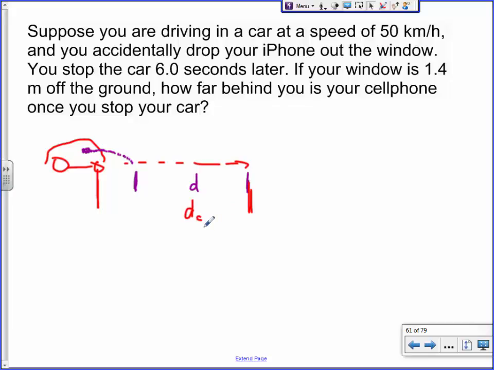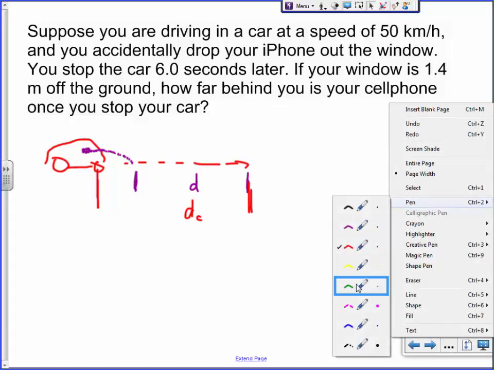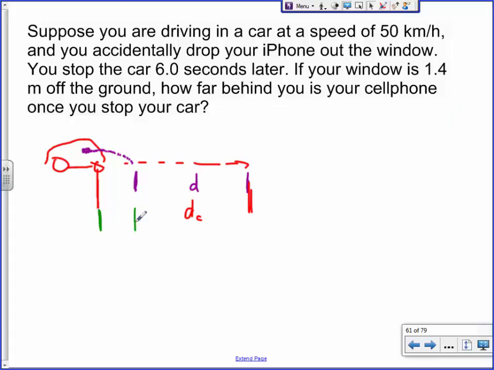I got to figure out how far is the car going in 6 seconds. I also need to calculate, I'll use green here, from here to here, the distance my cell phone is going to travel. Because the phone itself is going to go a little ways from the moment I dropped it too, right?